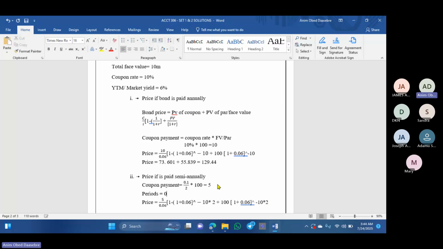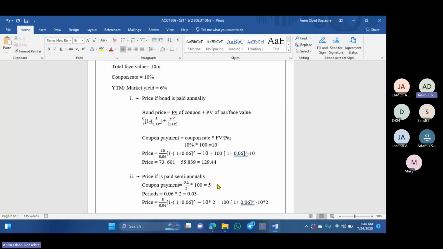So 6%. You adjust the 6% divided by 2. You are going to get 3%. And the years too.